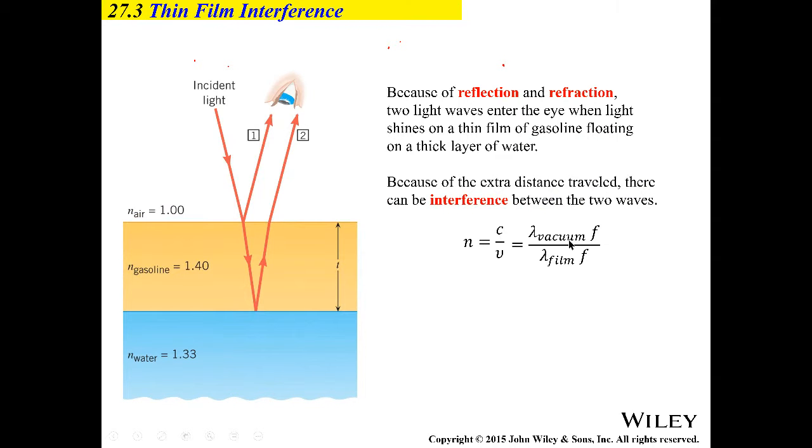So this is the vacuum velocity times frequency. This is the velocity in the medium, in the film, times frequency, and the frequency remains the same. Therefore, in a medium, the wavelength of light is now shorter, smaller. You got it?